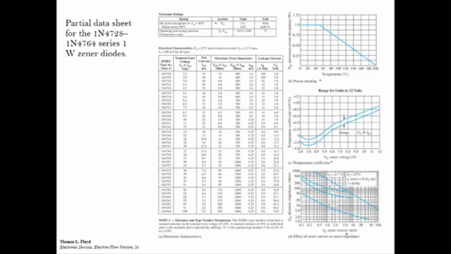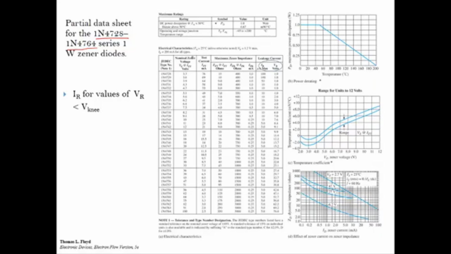Okay, this is a portion taken from the data sheet of a Zener diode. This is the 1N4728 to 1N4764 series, 1 watt Zener diode. You can see here we have the leakage current.